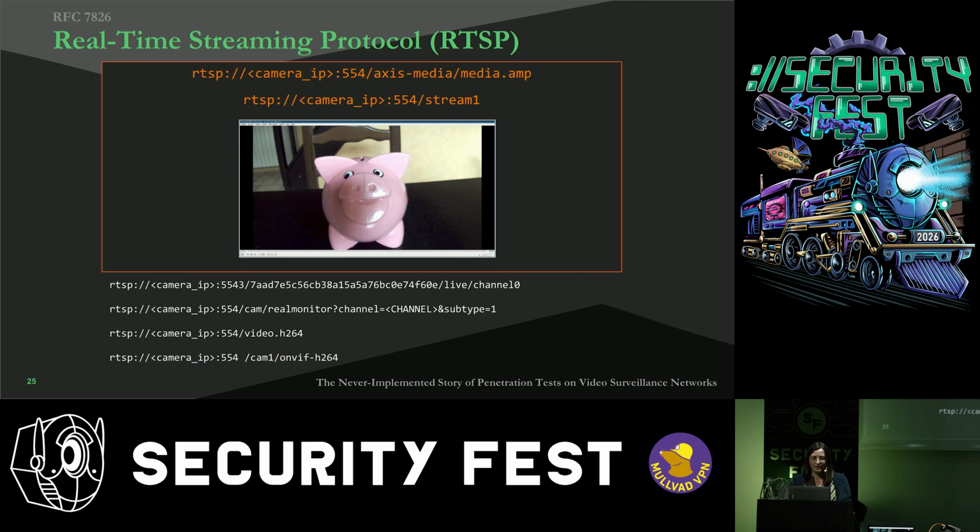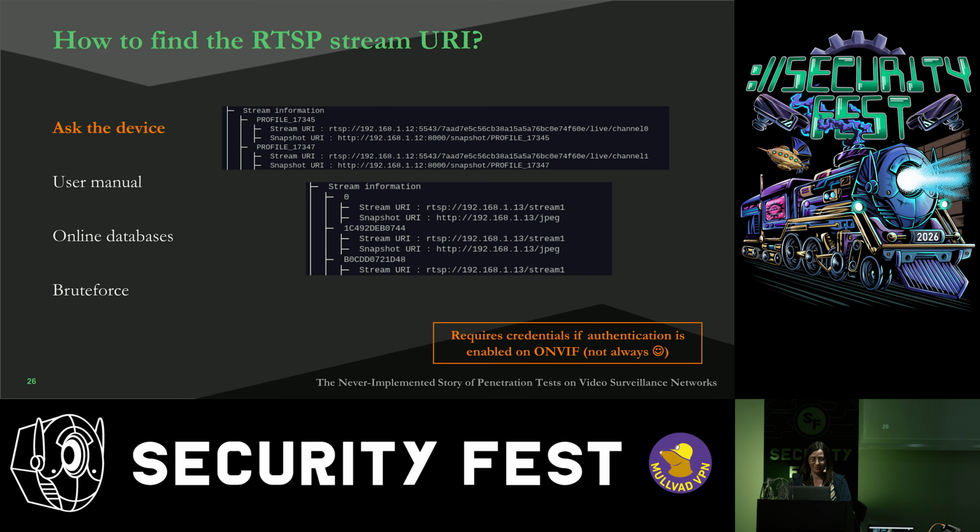So it's not very easy to find. I use the first one, the second one is for the other camera, and I put some other examples of stream URIs you can find. So basically, it's like credentials: hard to find, or not hard, depending on the configuration, of course.